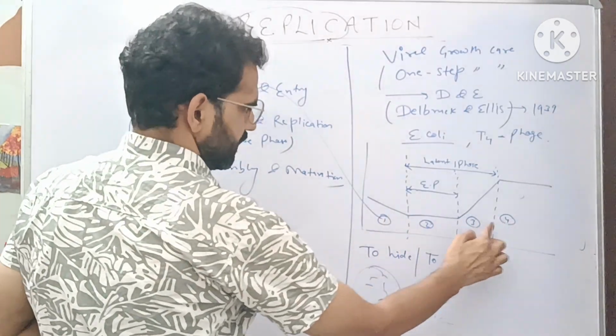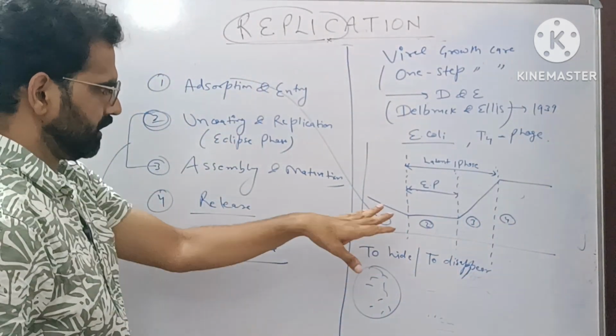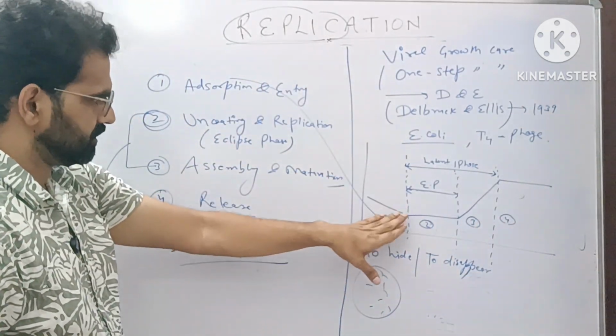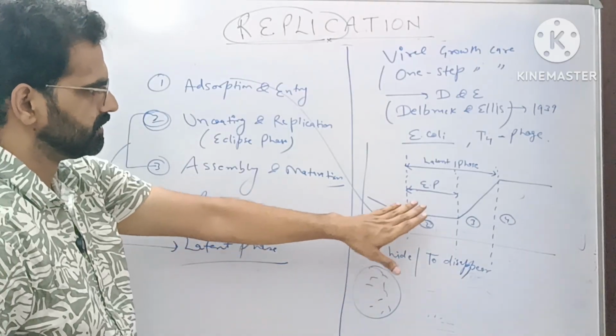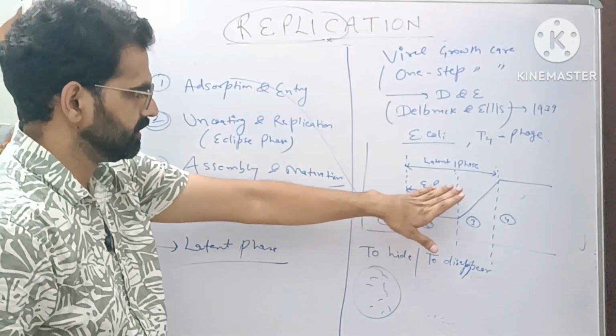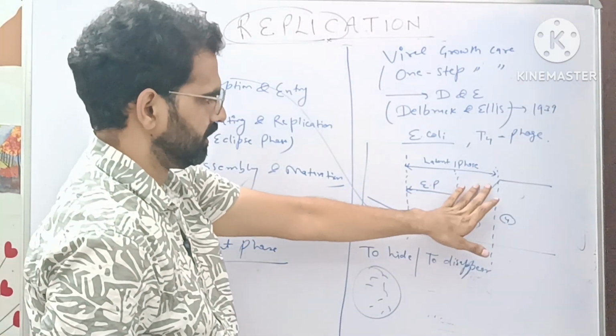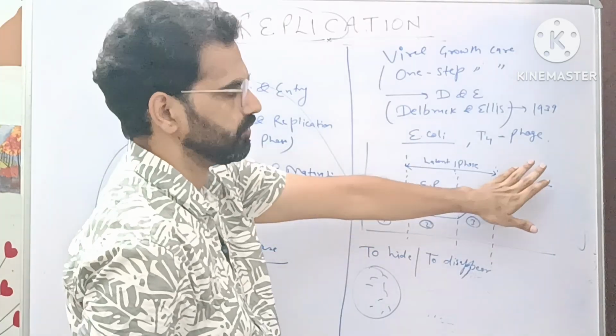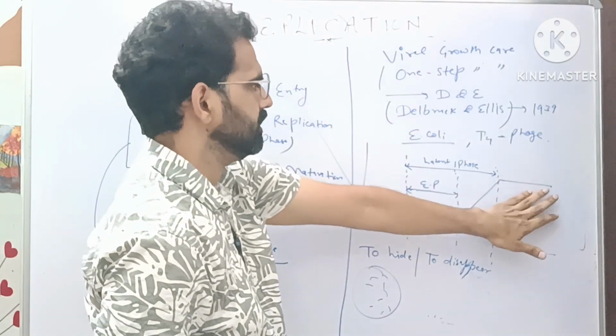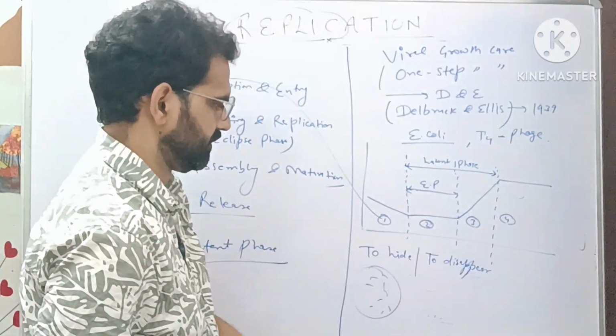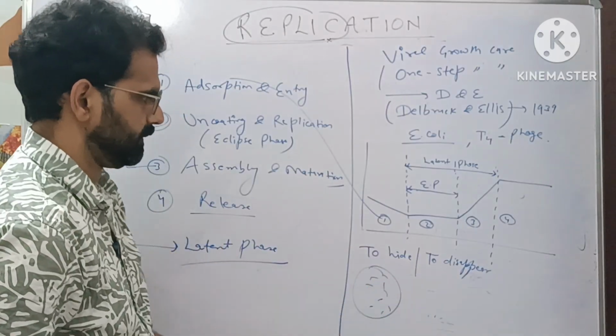Similar to bacterial, there are four phases. Number one is the attachment and the entry of the virus. Number two is the eclipse period. Number three is the assembly and maturation. Four is the burst phase or the release or exit phase of the virus from the cell.